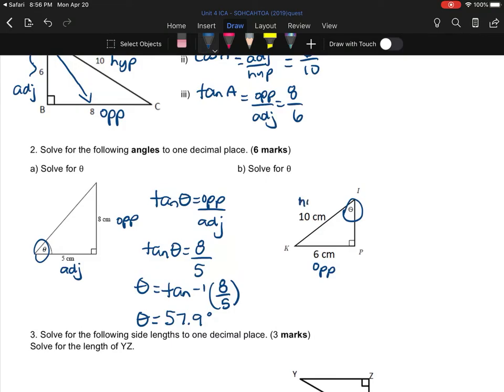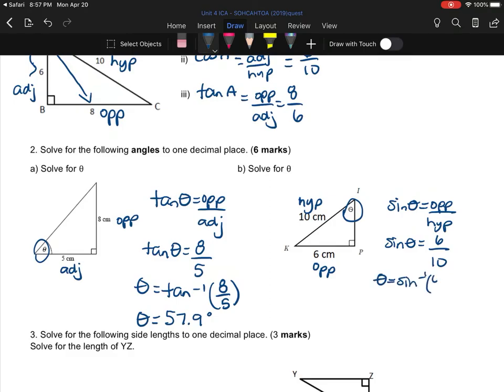All right, so in B, now we're solving for this angle up here. So the 6 is the opposite. The 10 is the hypotenuse, the side across from the right angle or the longest side. So we're doing sine. So again, decide for yourself.